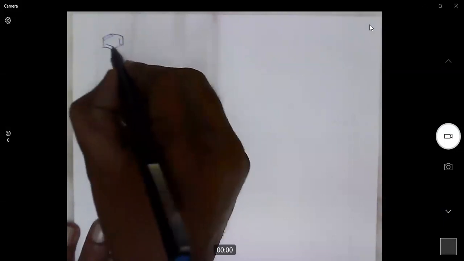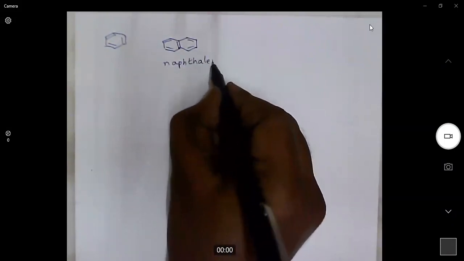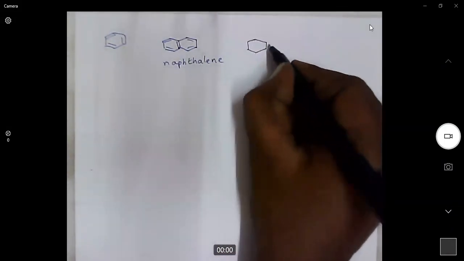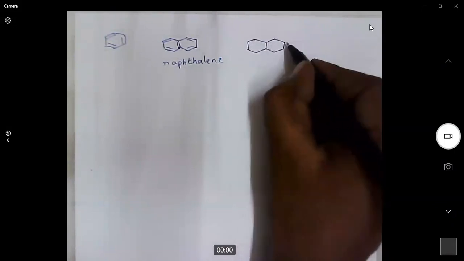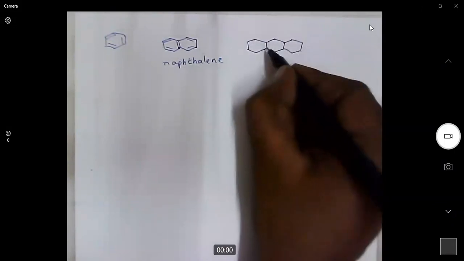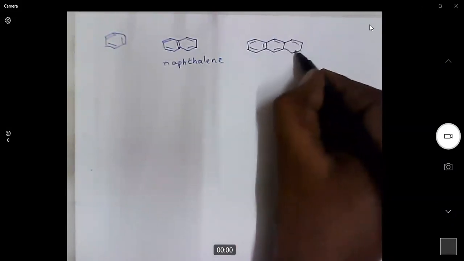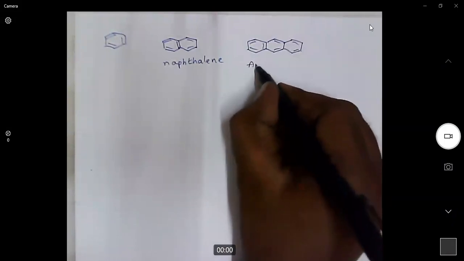When we have a single aromatic ring, it is called benzene. When we have two aromatic rings which are fused at one bond, this is called naphthalene. When we have three aromatic rings which are fused together in a linear shape, then it is called anthracene.